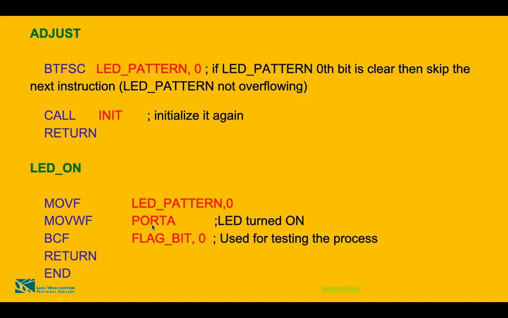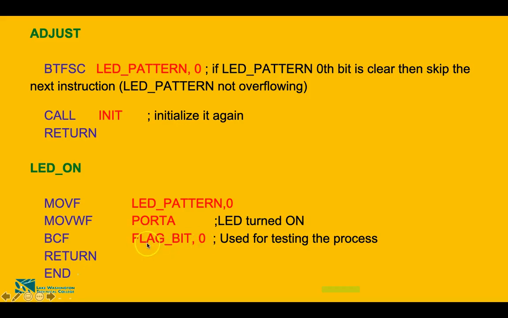Then it's going to clear the flag bit, and flag underscore bit is my other general purpose register. These are the two general purpose registers. So this flag underscore bit comma 0, we use with the instruction set here, bit clear F. It's going to clear the bit whichever we have mentioned here. We have mentioned the 0th bit, so it's going to clear the 0th bit of this register.